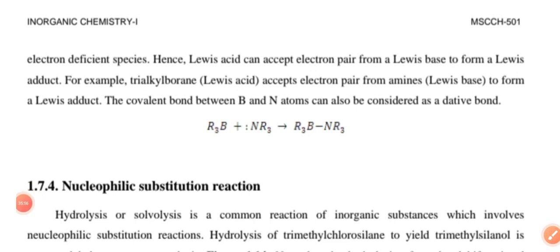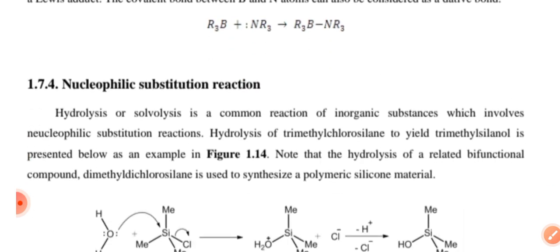Hence, a Lewis acid can accept an electron pair from a Lewis base to form a Lewis adduct. For example, trialkyl boron, a Lewis acid, accepts an electron pair from an amine Lewis base to form a Lewis adduct. The covalent bond between the boron and nitrogen atoms can also be considered a dative bond.